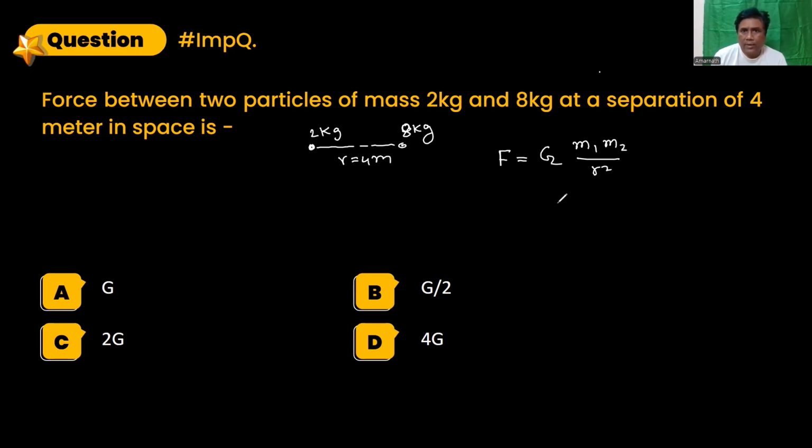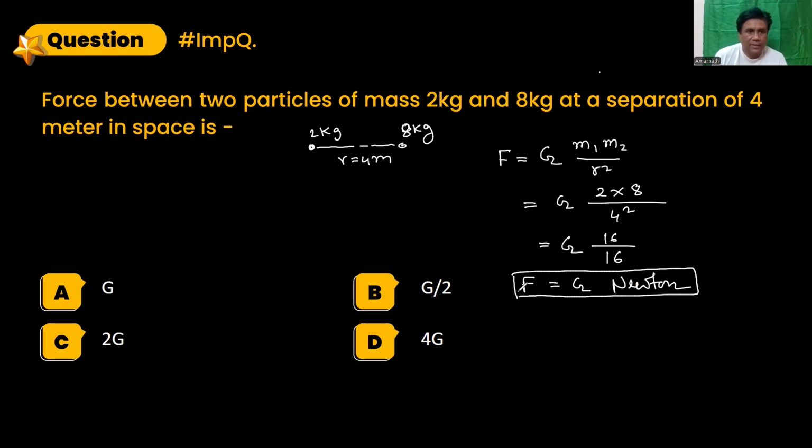So F will be Z into 2 into 8 by 4 square, so it is Z into 16 by 16, which is Z. So F equal to Z Newton. All are in SI, so you can put directly Newton. So this is the answer. The answer is A.